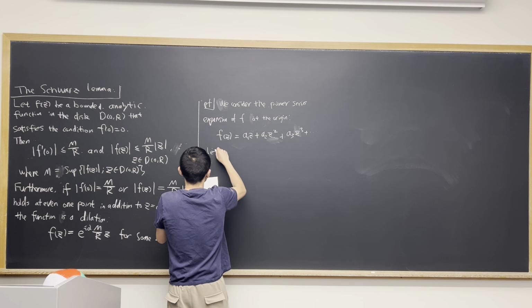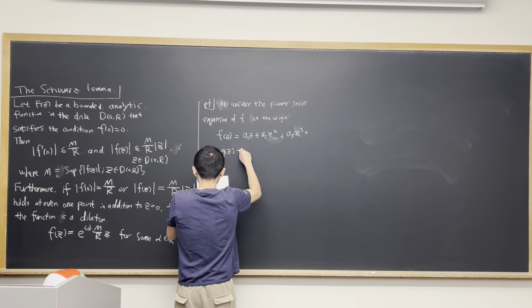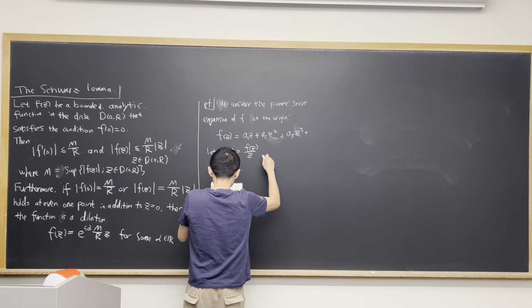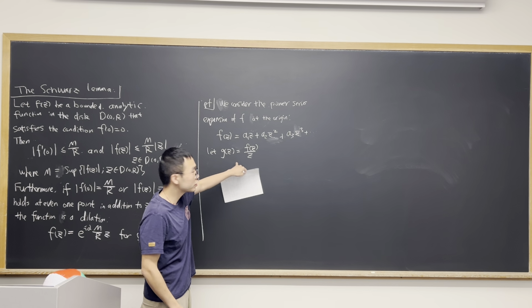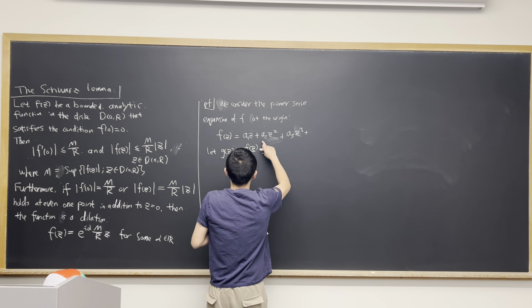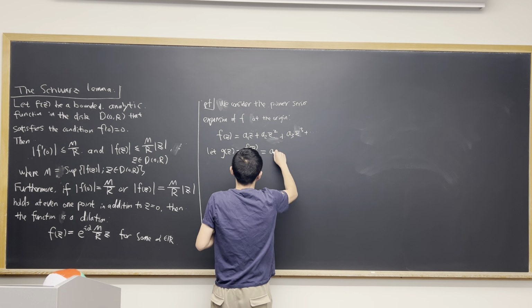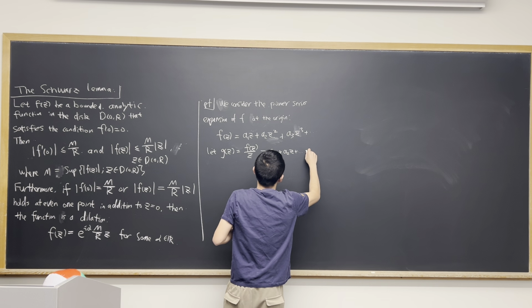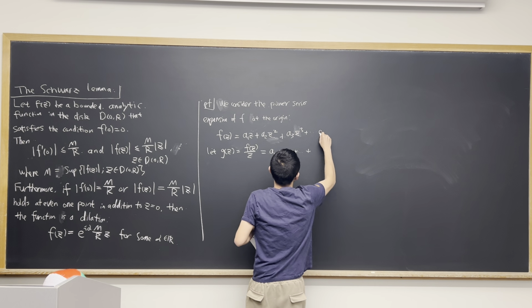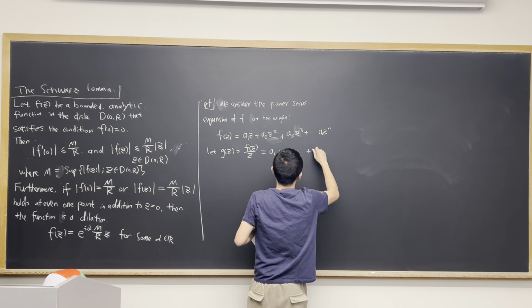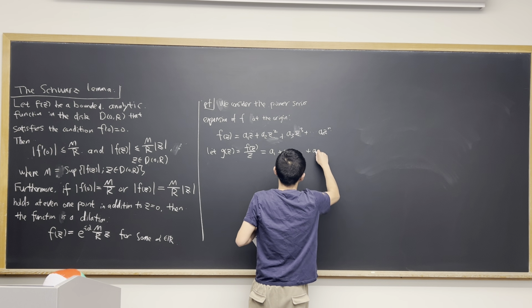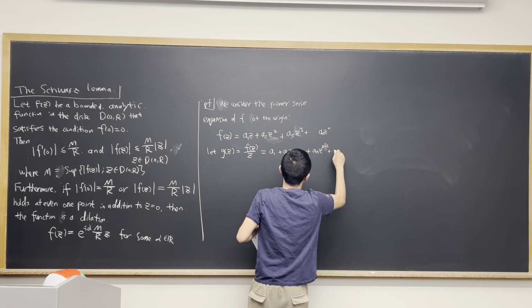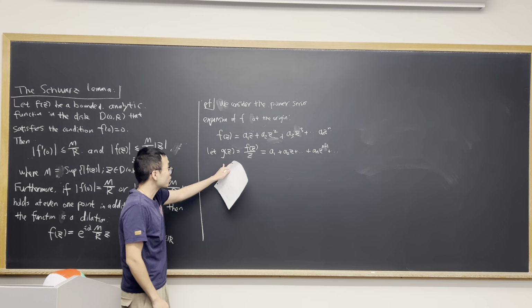Let the function g of z be f of z over z, which is just a1 plus a2 z plus, up to a n z to the n minus 1. Okay, so this is your g of z.